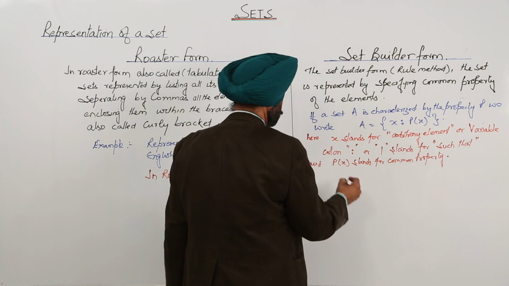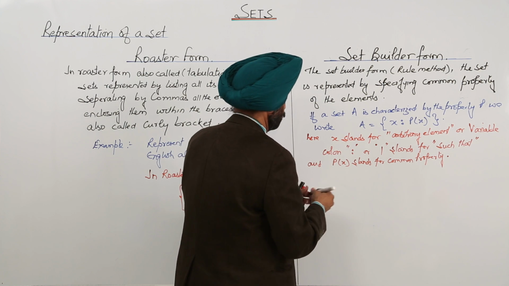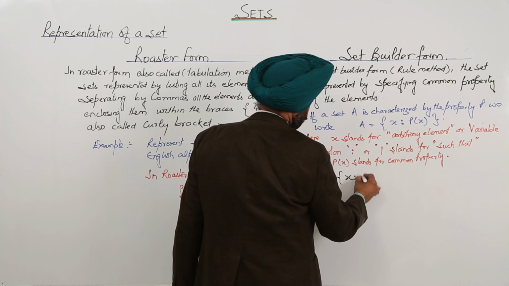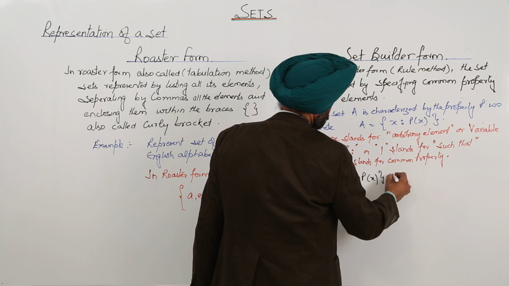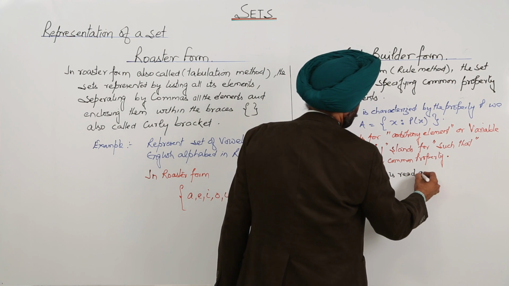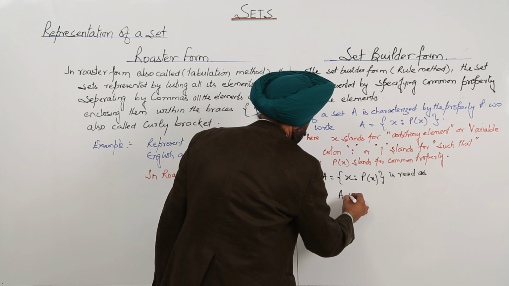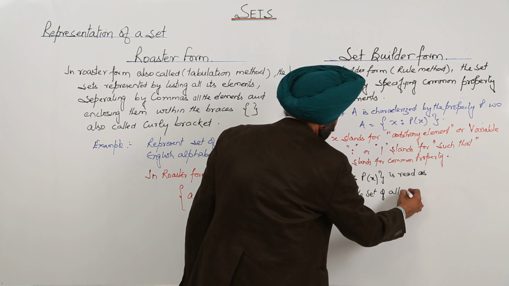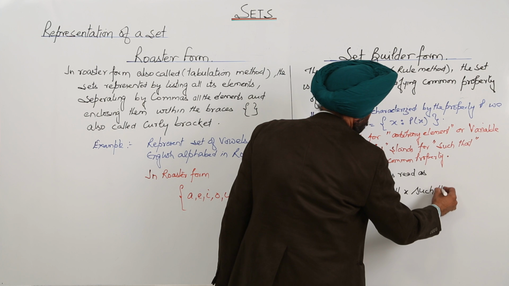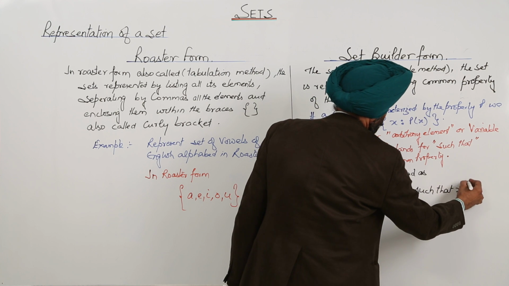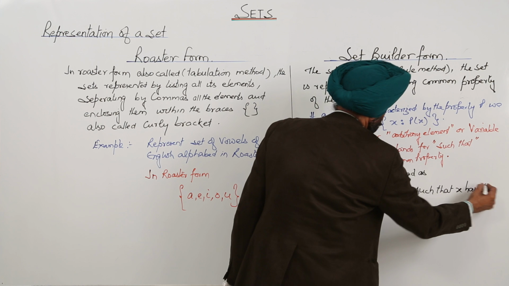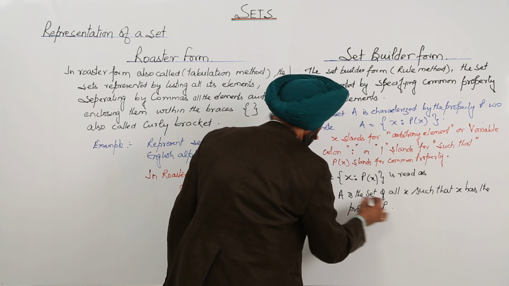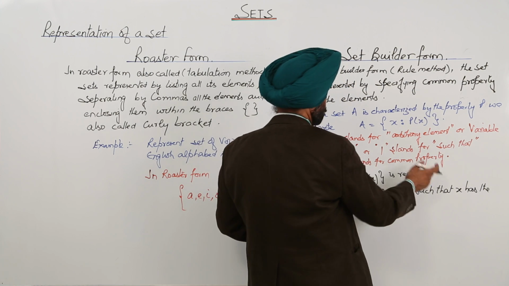Okay, now A is equal to {x : P(x)} is read as: A is the set of all x such that x has the property P.